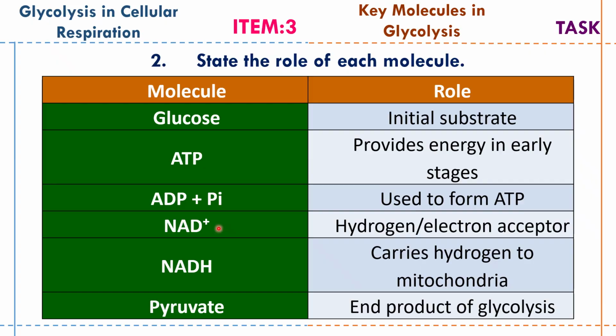Oxidized NAD is the hydrogen electron acceptor. Reduced NAD, NADH, carries hydrogen to the mitochondria. Pyruvate is the end product of glycolysis.